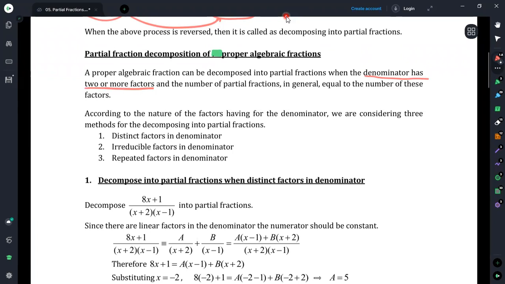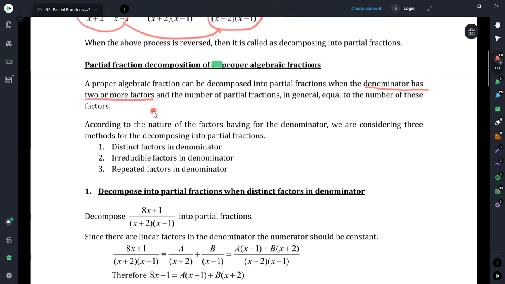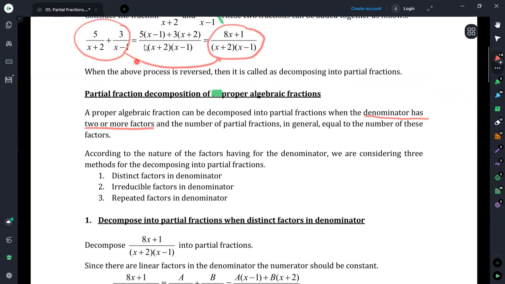This is the condition we have to check. If you cannot factorize the denominator which is given for the calculation, you cannot decompose such a fraction into a collection of partial fractions. That's why I said that once you decompose a fraction into partial fractions, there are no simpler forms other than these partial fractions.